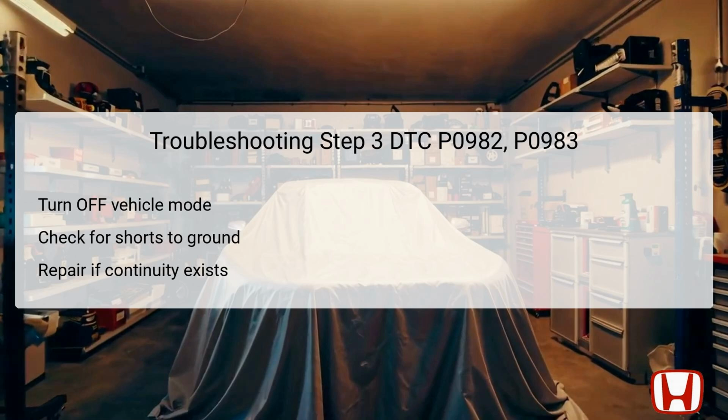This process checks for any unwanted connections that could inadvertently allow current to flow to ground, affecting the solenoid's operation. If continuity is found between the specified terminal and the ground, this indicates a short, and repairs must be made to the wire. If no continuity is detected, this suggests the wiring is intact, and the next course of action would be to replace the hydraulic control unit as it may be failing.